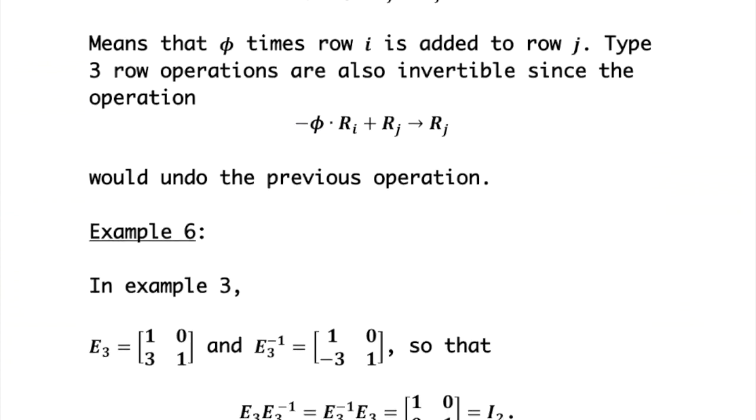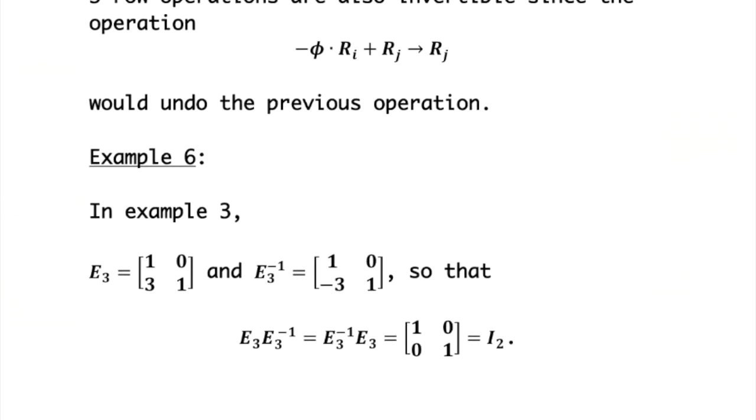Let's take example 6 here. If we go back up to example 3, our example of a type 3 elementary matrix, I had adding 3 times the first row to the second row. That was corresponding to multiplying by E sub 3, [1, 0; 3, 1]. And I claim its inverse is therefore going to be [1, 0; -3, 1].